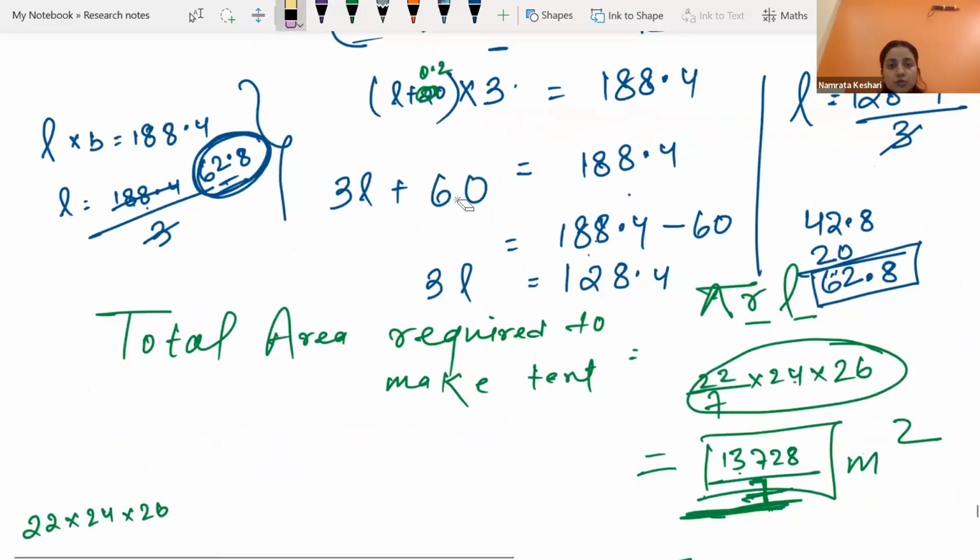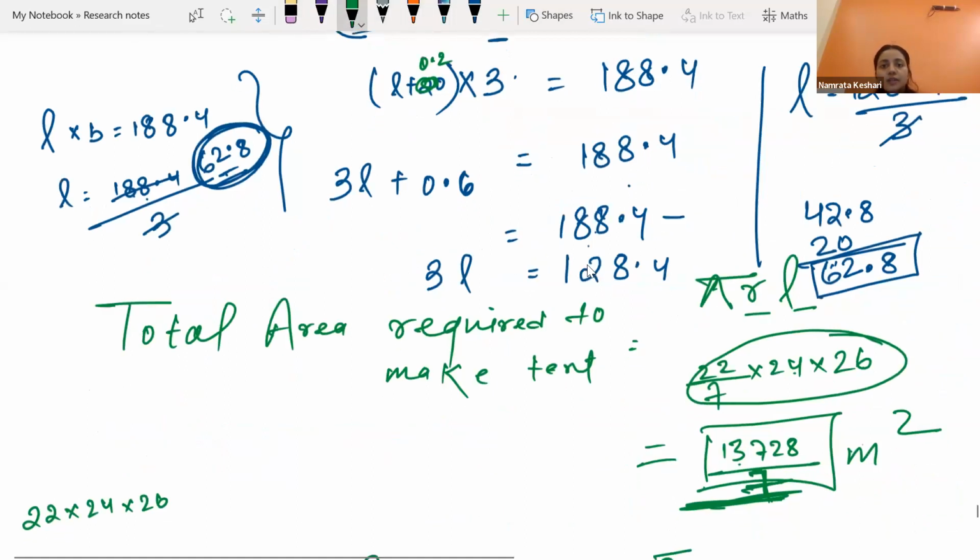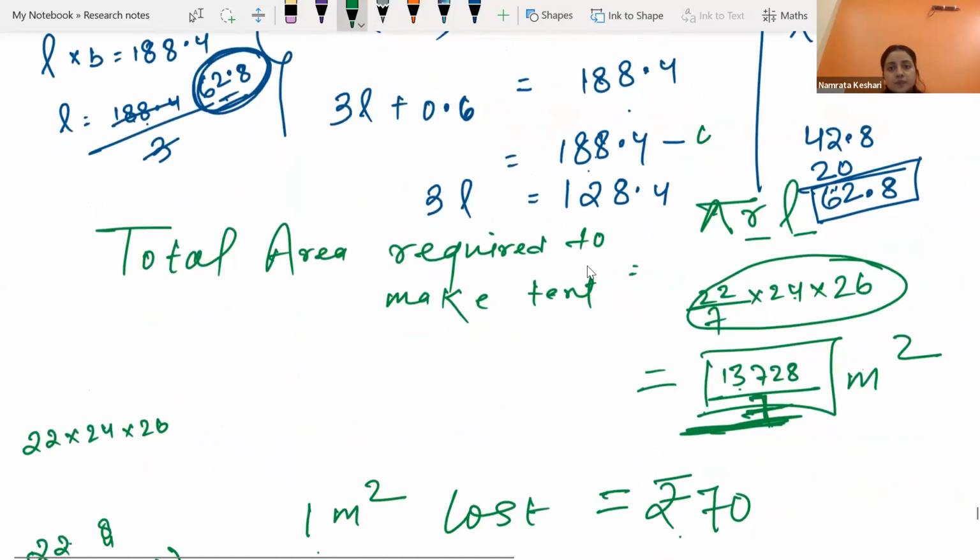Let me do it this way also. You will be getting 0.6 over here. That means you need to do the subtraction. Let me write it directly.